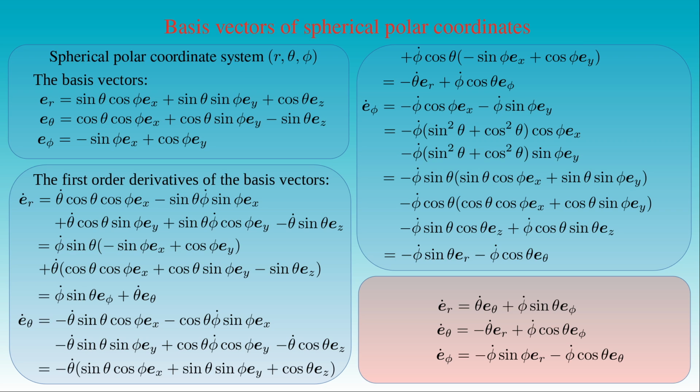The derivative of the basis vector e phi is also a linear combination of the other two basis vectors, er and e theta, where the coefficients still depend on the angles and their derivatives. By applying these expressions computed for both the cylindrical and spherical polar coordinates, we can give the first and the second order derivatives of the position vector in these coordinate systems.